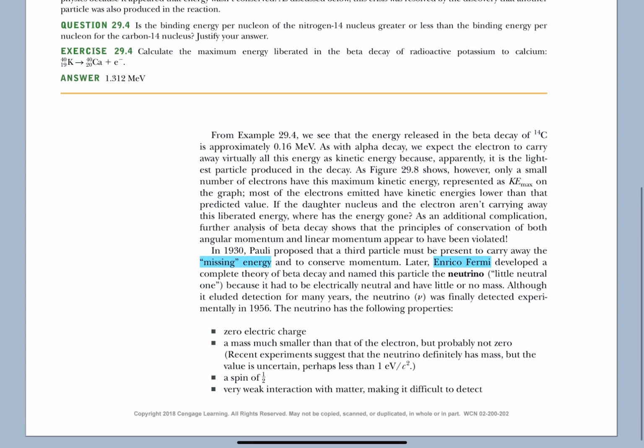So a neutrino is hypothesized to account for this missing mass. And as you look at the bullet points here, it has 0 electric charge. And of course, if you're neutrally charged, it makes it really hard to detect. Its mass is about as close to 0 as you might get, even smaller than an electron.